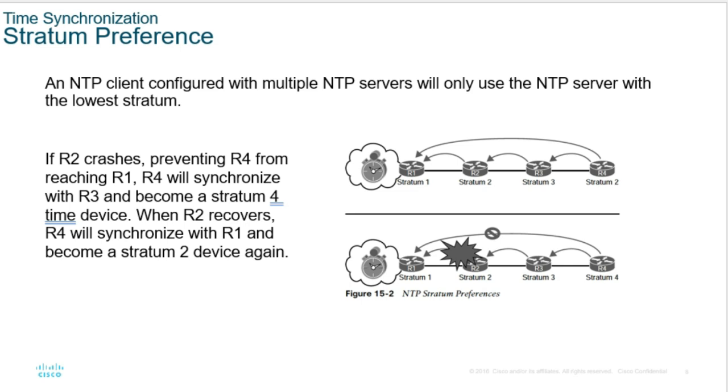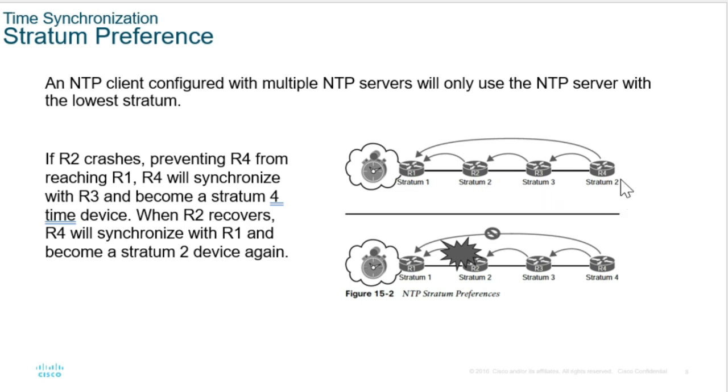Here we have one simple topology where we have the atomic clock, and router 1 is directly referring to the atomic clock and becoming the NTP server. Router 2 is in stratum 2 because it's downstream from router 1 and is referring to router 1. Router 3, on the other hand, is referring to router 2, so it's becoming stratum 3.